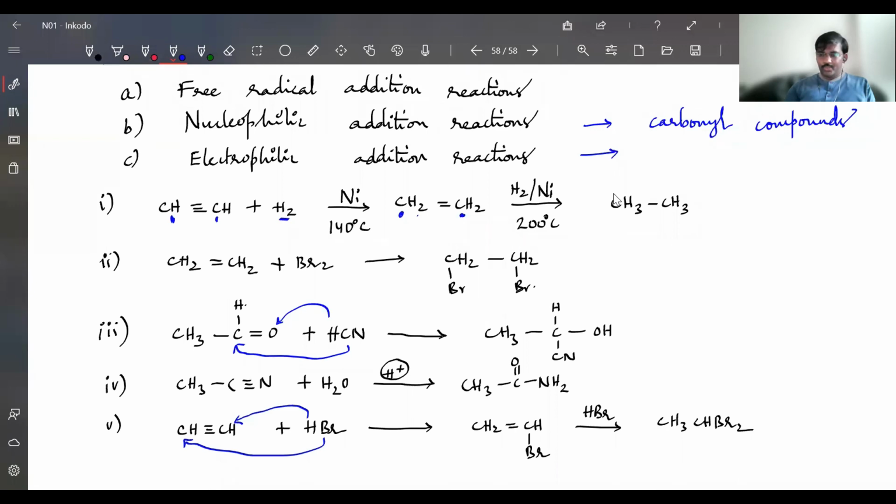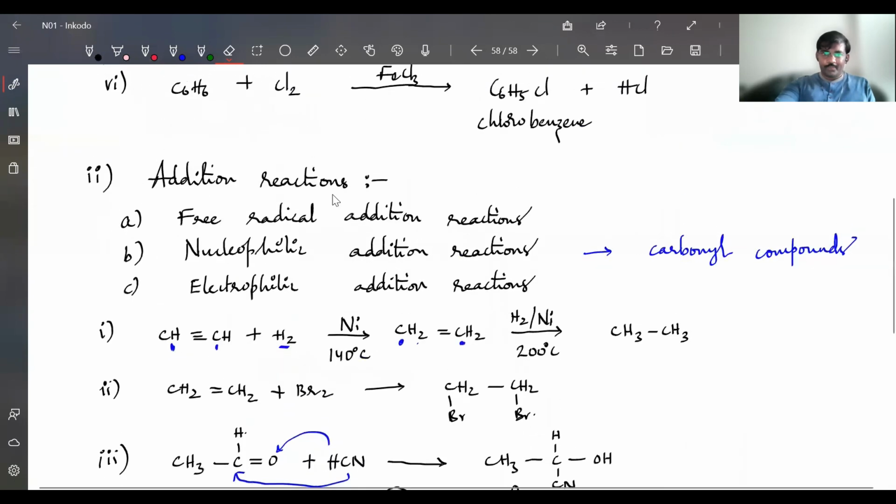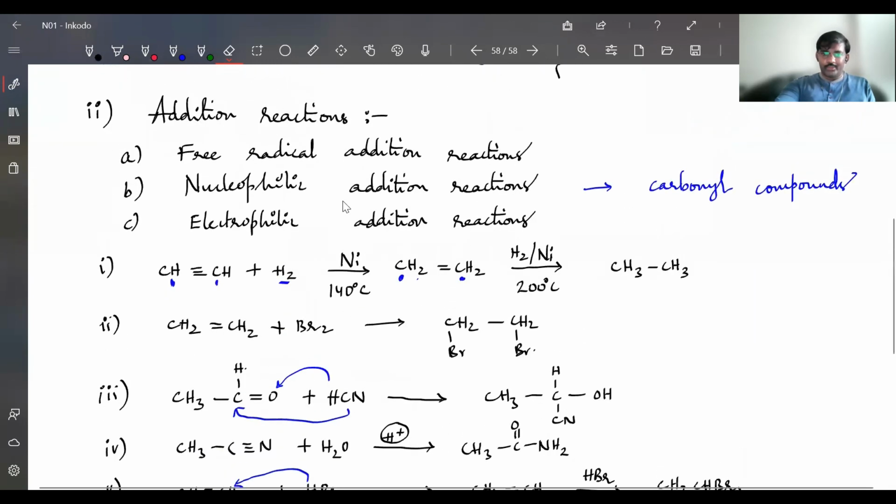That is why electrophilic addition reactions happen in unsaturated compounds. Especially nucleophilic addition reactions are the characteristic reaction for carbonyl compounds. So that is regarding addition reactions now.